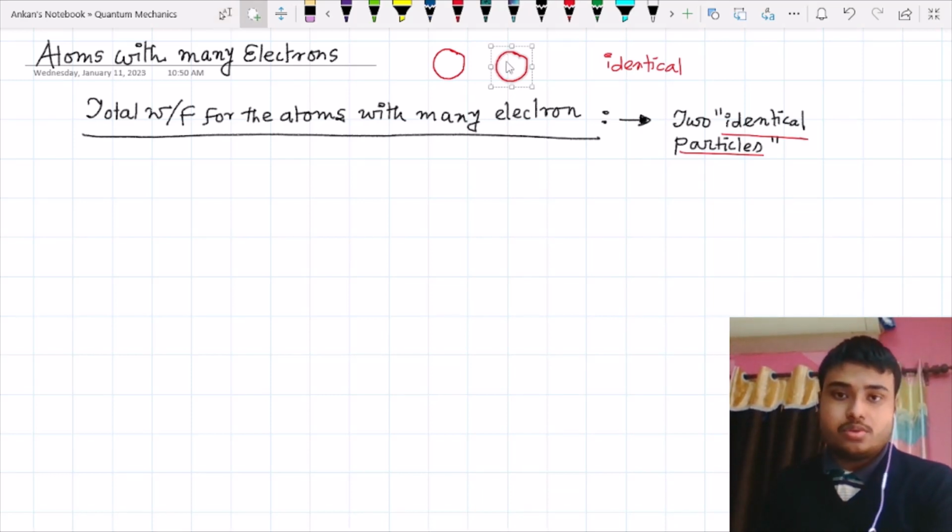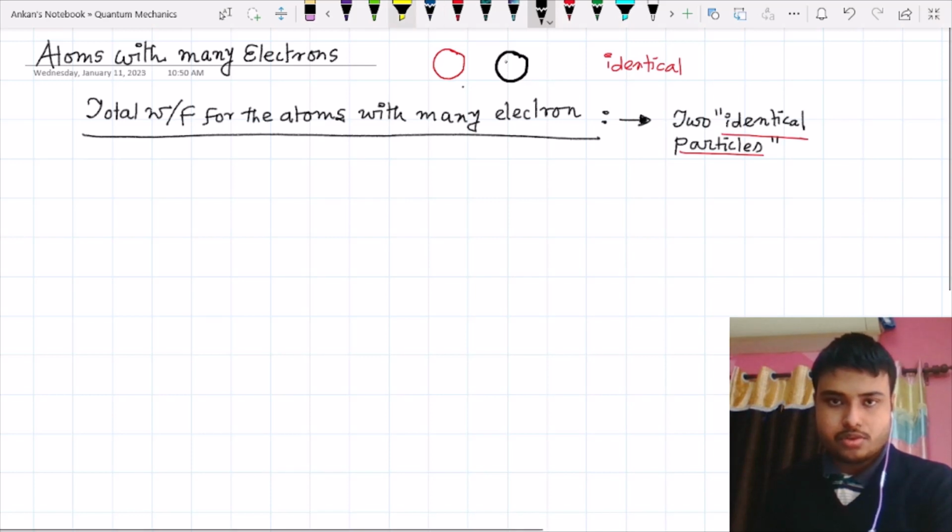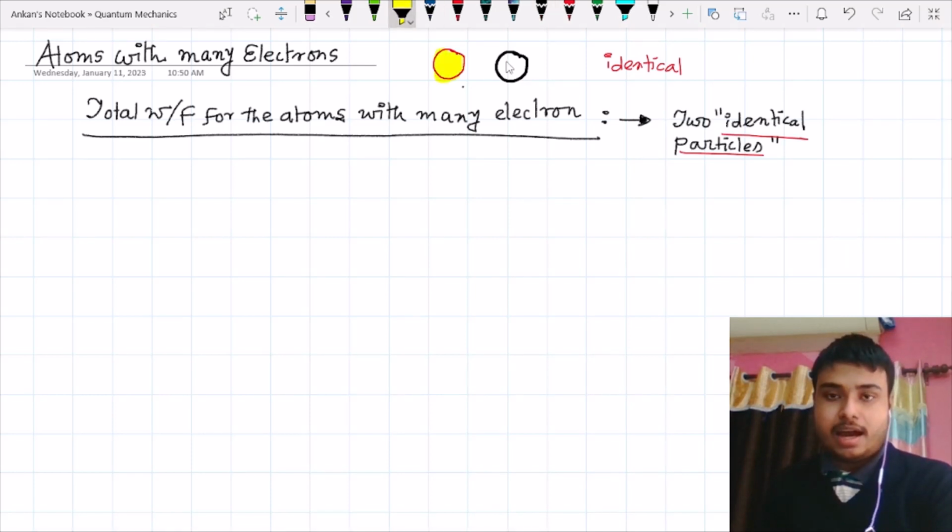The two balls drawn here are identical. Why are these two balls identical? Because they are the same in size, same in shape, and same in color also. So these balls are said to be identical in the classical case.